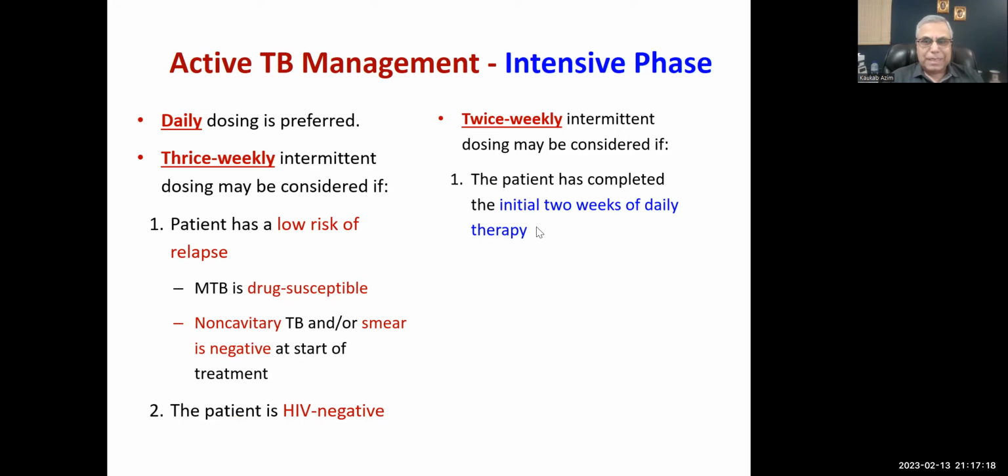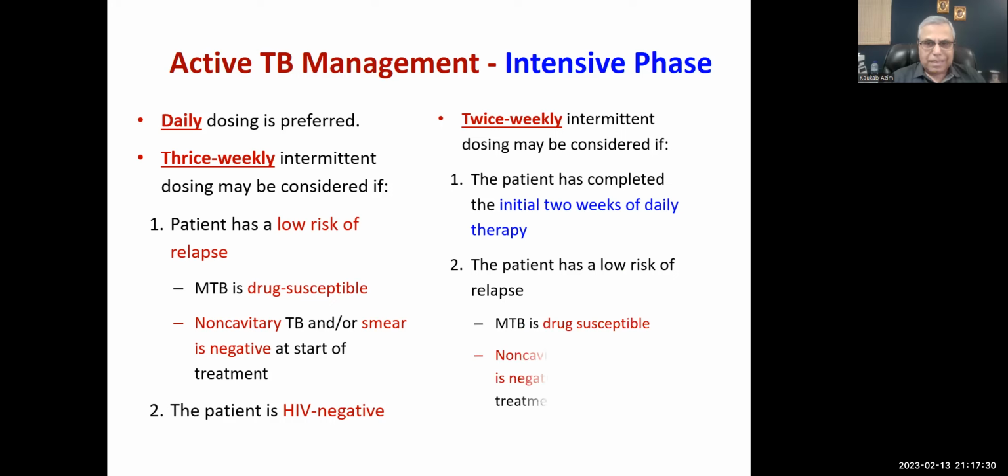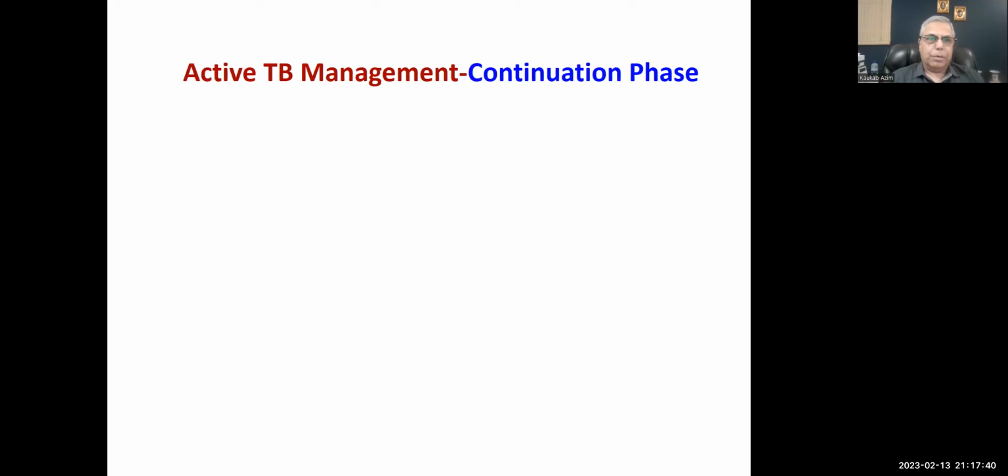The patient has completed the initial 2 weeks of daily therapy, right? So after that, with these characteristics, same low risk of relapse, drug susceptible organism, no problems with the chest x-rays or smear is negative, no HIV, then we can go to thrice weekly or twice weekly treatment, all right?